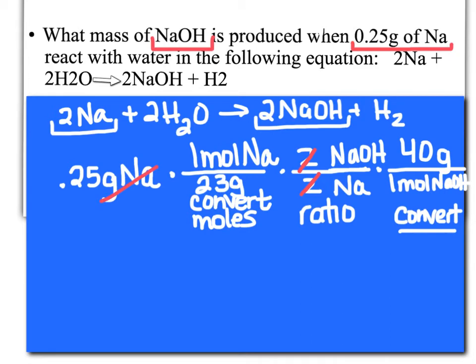Grams of sodium, we've converted to moles of sodium. Moles of sodium cancels and we get moles of sodium hydroxide. Moles of sodium hydroxide cancels and we'll get grams of sodium hydroxide. We work our way across, 0.25 divided by 23 and then multiplied by 40.